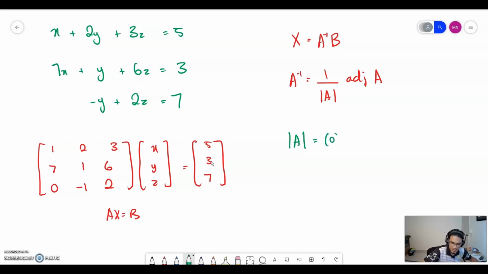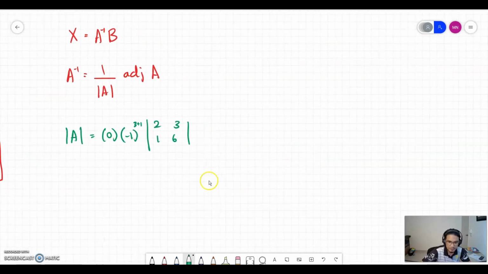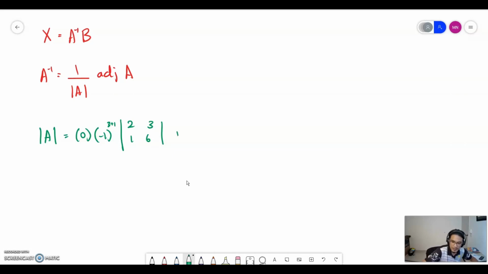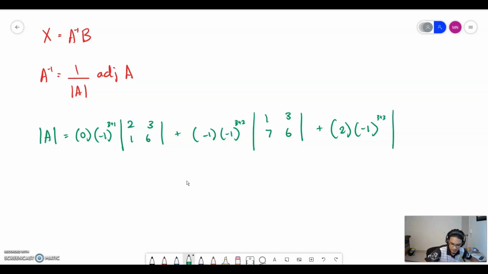So it will be 0 times (-1) to the power of 3 plus 1 times the minor with 2, 3, 1, 6, then plus -1 times (-1) to the power of 3 plus 2 times the minor with 1, 3, 7, 6, and plus 2 times (-1) to the power of 3 plus 3 times the minor with 1, 2, 7, 1.